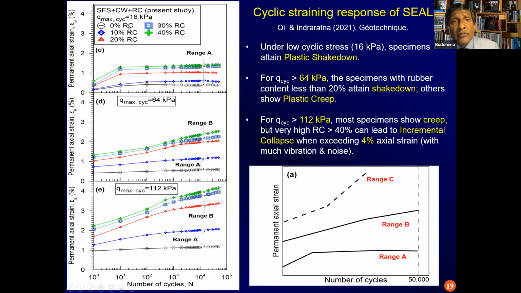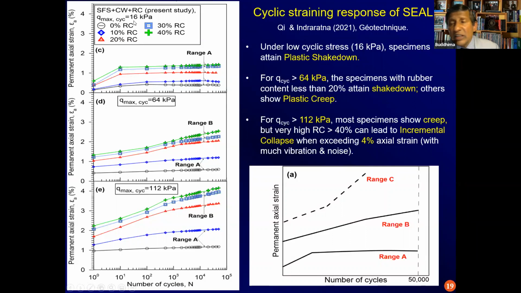Now here, at very low values of deviator stress, irrespective of the rubber crumbs content, the materials will achieve a stable state. In other words, the axial strain will increase and then become constant and then will not change anymore. We consider this stage as the plastic shakedown, where when the material achieves a plastic shakedown, there is no further volumetric strain, as you can see from here.